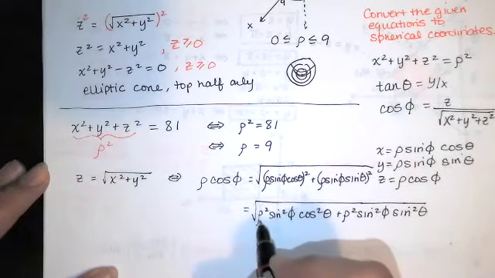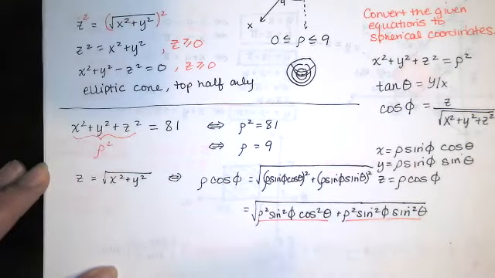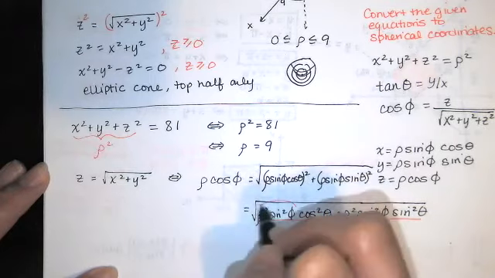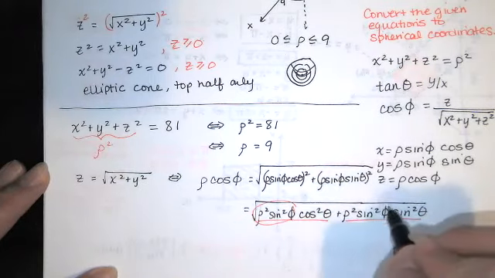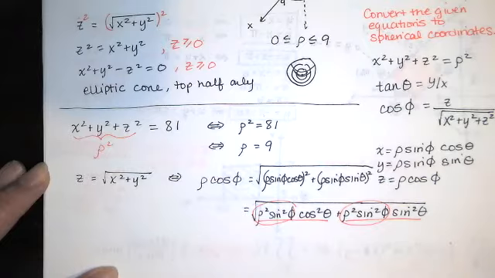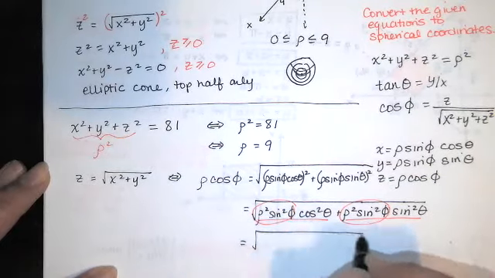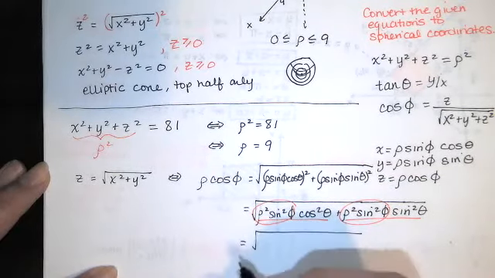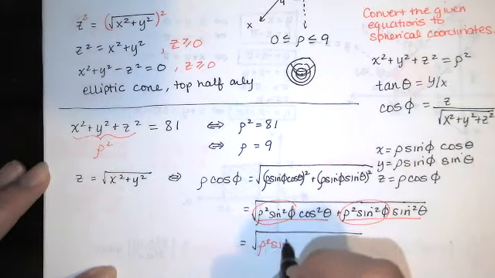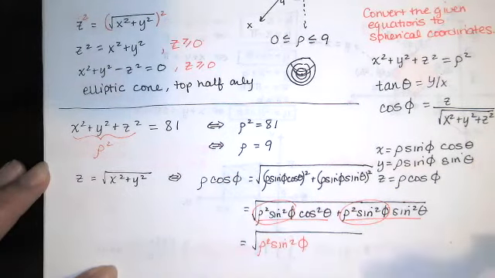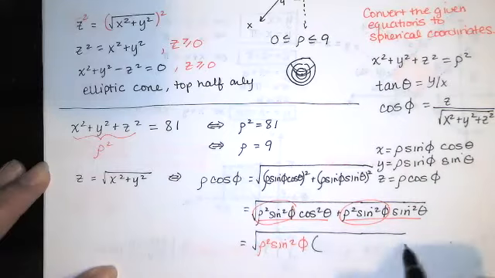So I look at this guy and I look at this guy and I say to myself, what do they have in common? Well, they both have that rho squared sine squared phi. So we can factor that out. And then remember how we simplify this.